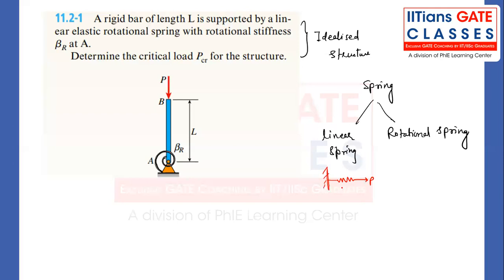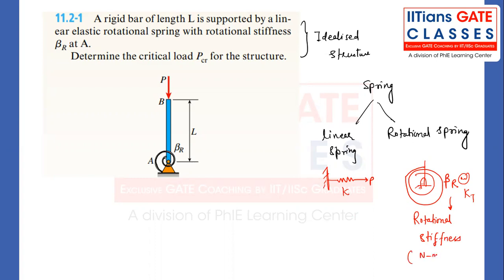This is a linear spring, where stiffness is K. But sometimes we have a symbol like this, which is a rotational spring. We denote it by beta R, or in some textbooks you will find KT. This is called rotational stiffness. What is the unit? Newton meter per radian.